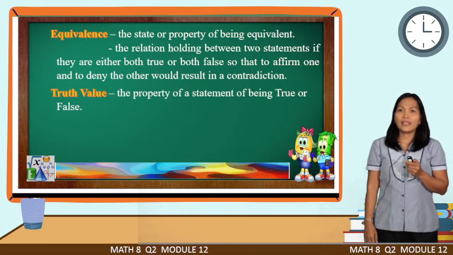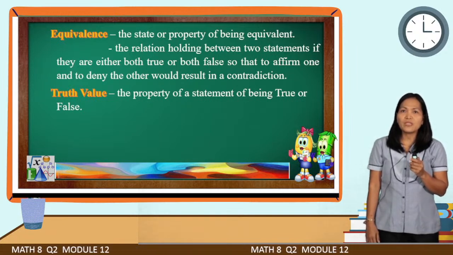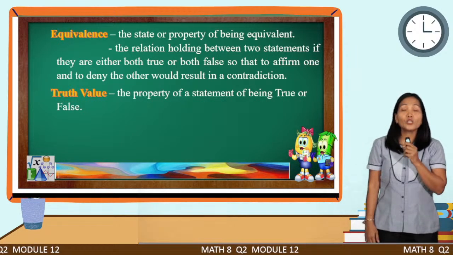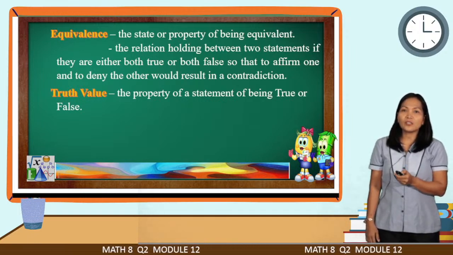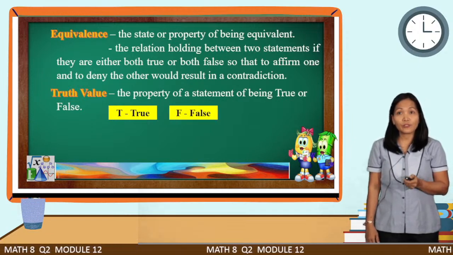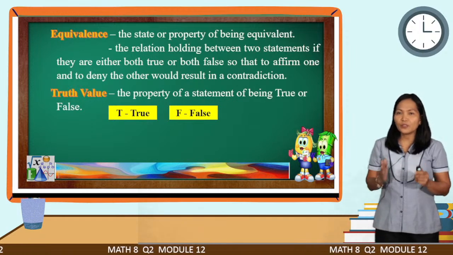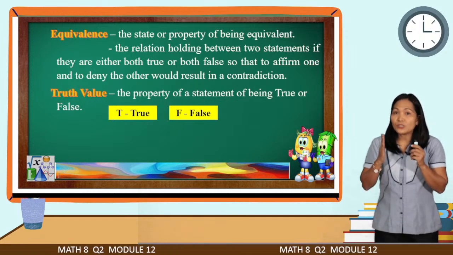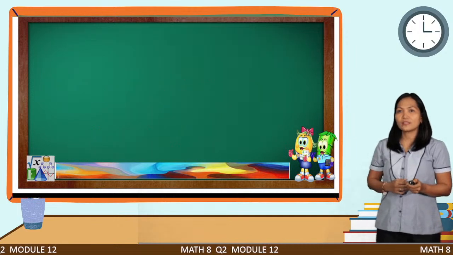Okay, and the property of a statement of being true or false is called truth value. We use letter T to denote true and letter F to denote false. And when these truth values are put into a table, that's called a truth table.